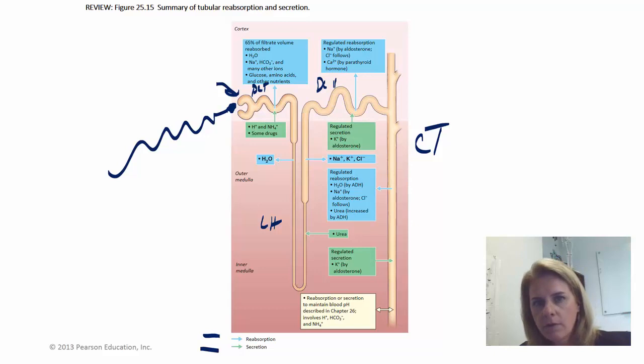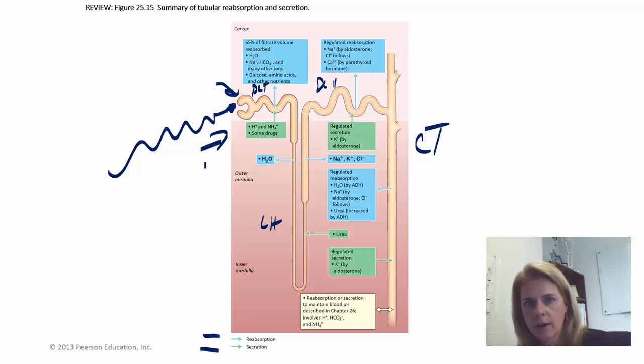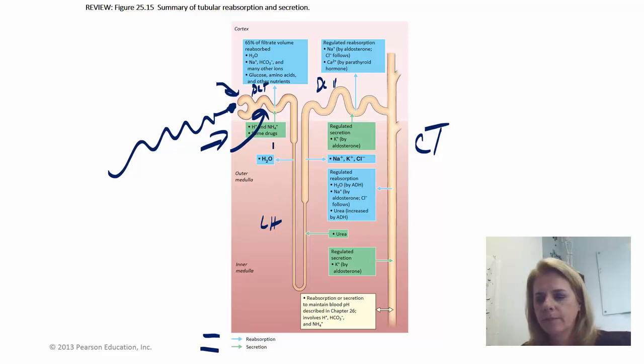In the proximal convoluted tubule, both reabsorption and secretion are occurring. You have reabsorption of the filtrate volume, mostly sodium and water, bicarbonate, glucose, amino acids, and other nutrients, but you're also getting rid of hydrogen, ammonia, and some drugs. Like when we do a drug test or urine test, this is where some of that is secreted into your urine.